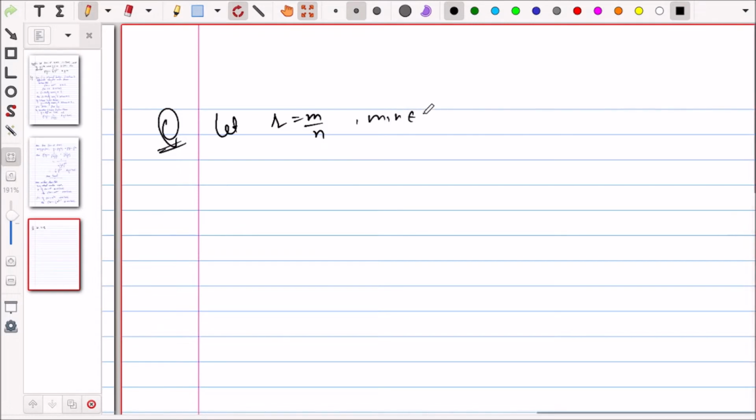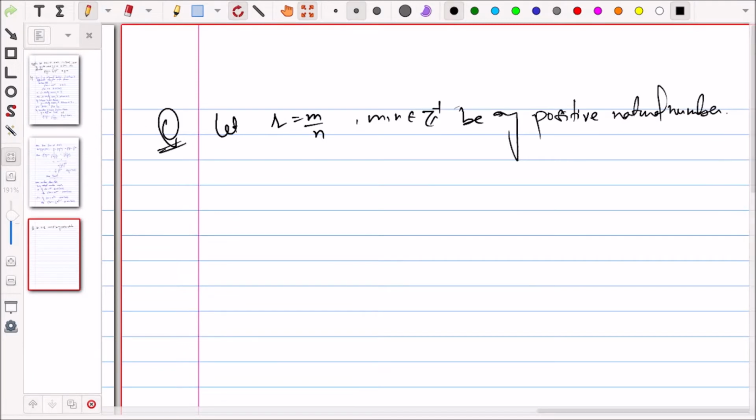So let us take, so question, let r equal to m by n where m, n belong to Z positive, be any positive rational number. Okay, so we have picked any positive rational number, right?